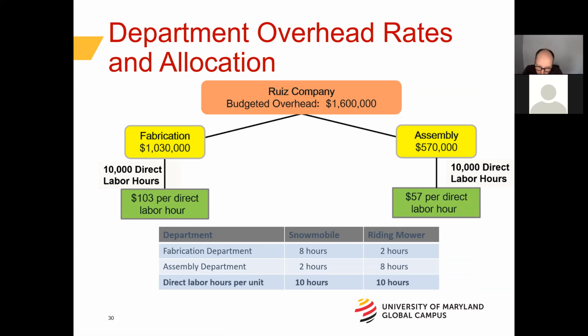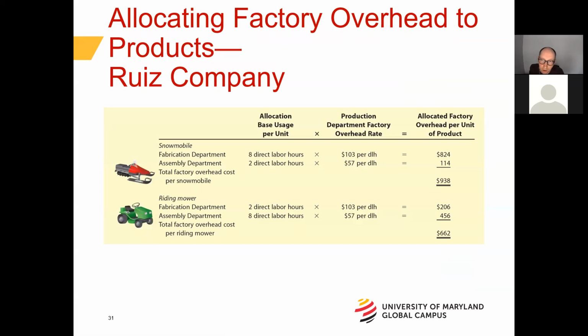You take your $57 per hour for assembly times the 2 hours for snowmobiles, and then you add them up. For snowmobiles, 8 hours fabrication, 2 hours assembly: $103 times 8 is $824. $57 times 2 is $114. We add $824 plus $114 to get factory overhead per snowmobile: $938.